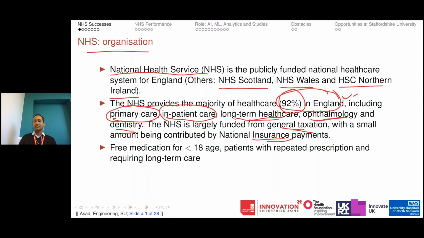Anyone will have access to the healthcare services provided by NHS England. And the second beautiful thing is free medication for children less than 18 years of age and patients with repeated prescription, like patients having diabetes, having cancer, or other long-term care.